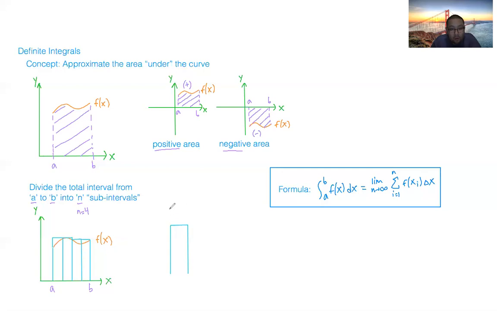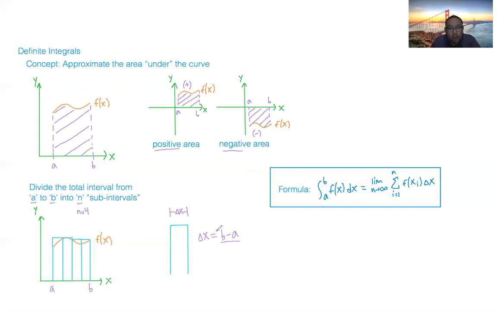If we want to figure out what is the width of one of these subintervals, and they're all going to be the same because we broke them up into 4 even subintervals, the way that we can do this is simple. We can consider the entire interval from a to b. We're going to do that by subtracting b minus a, to just get this interval here. We're removing this part by subtracting.